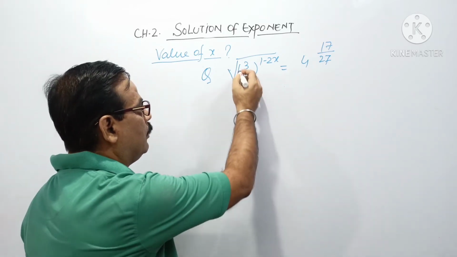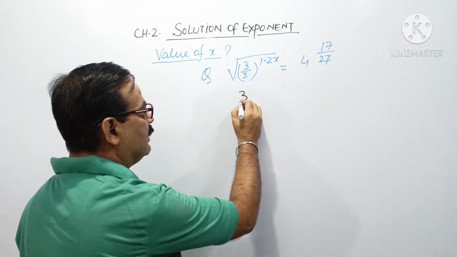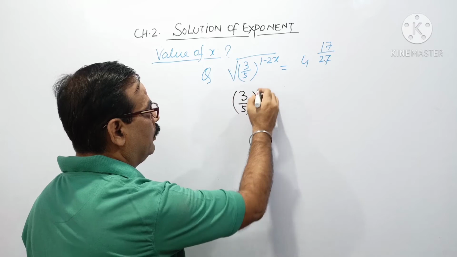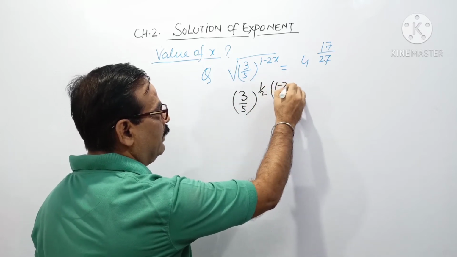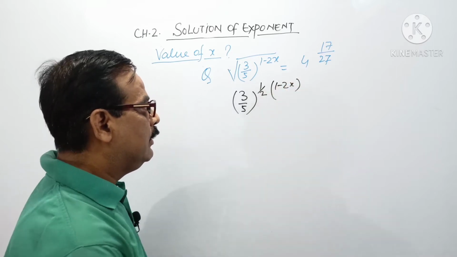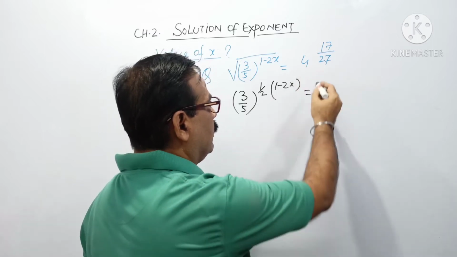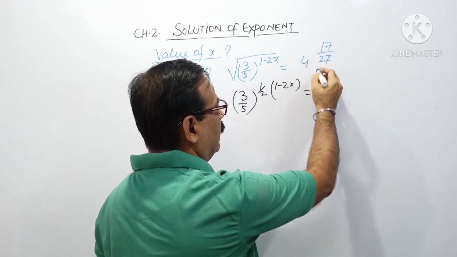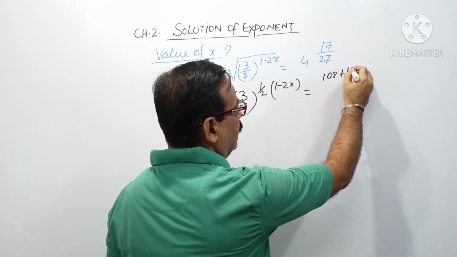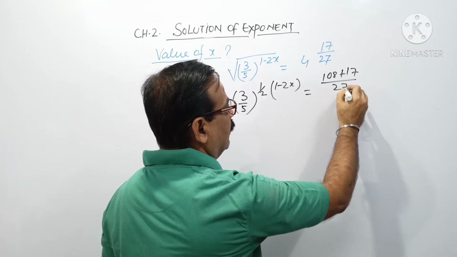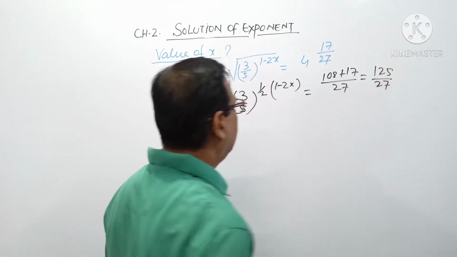As you know, we remove the root form, so we can write 3 by 5 to the power 1 by 2, and the power 1 minus 2x is already multiplied. On the right side we can split it: 27 times 4 is 108, and 108 is added with 17 and divided by 27. So we can write 125 by 27.